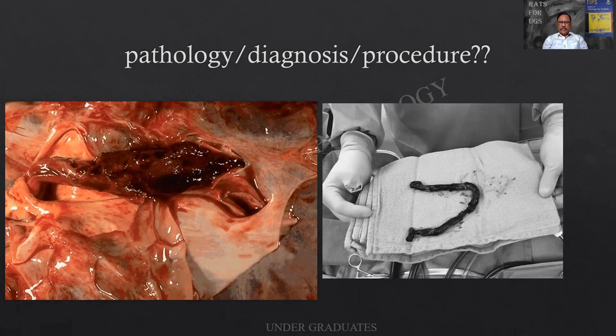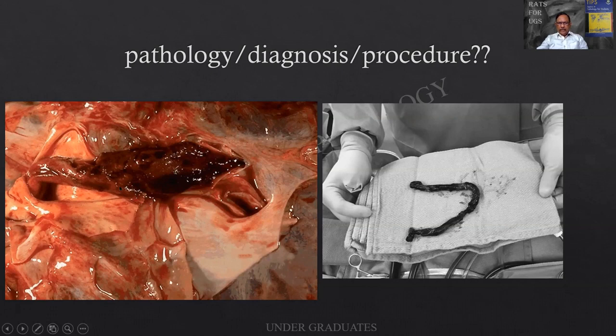What are we seeing on the screen? I would like you people to kindly make a diagnosis of the lesion, the pathology, and what is the procedure that has been done over here? There is a peculiar shape to this one.